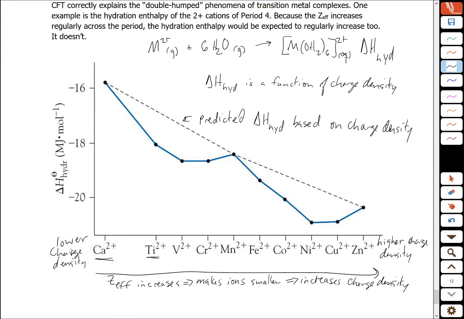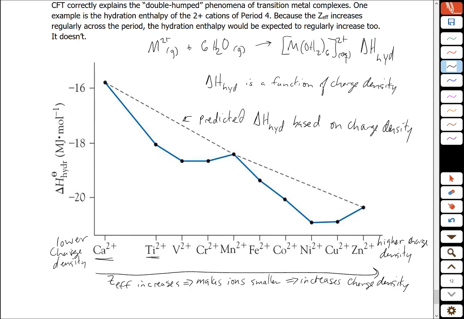And you can see that zinc has a much more negative, much more exothermic hydration enthalpy than calcium does because of a higher charge density. Okay, and so that dotted line predicts what the hydration enthalpy would be if it was based solely on charge density. The blue line is what the experimental hydration enthalpy actually is.